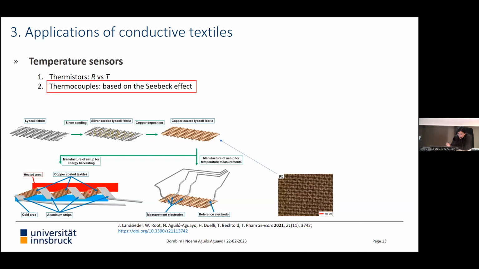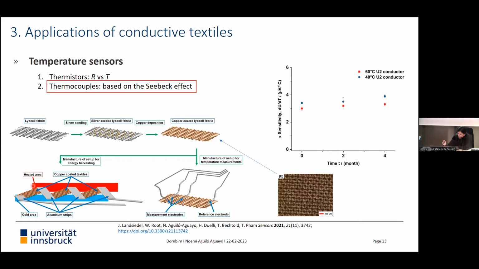We have two different metals, copper and aluminum. The copper was at a higher temperature, the heated area, and aluminum was at a lower temperature, the cold area. And then we were able to measure the different voltages.